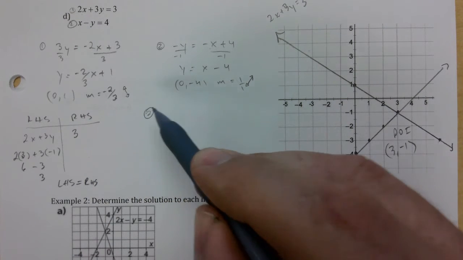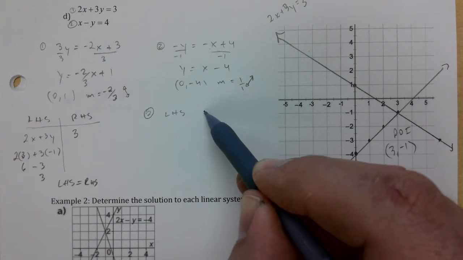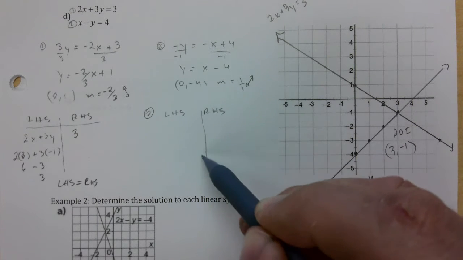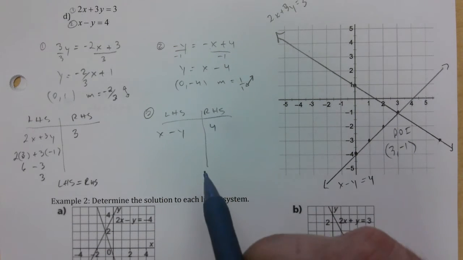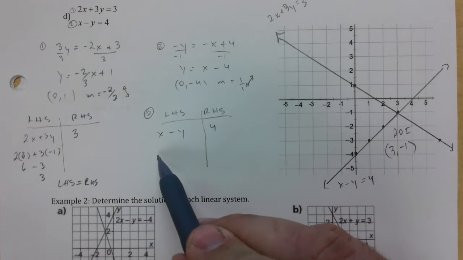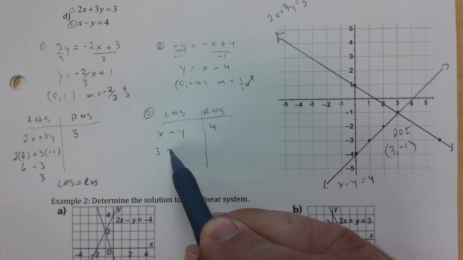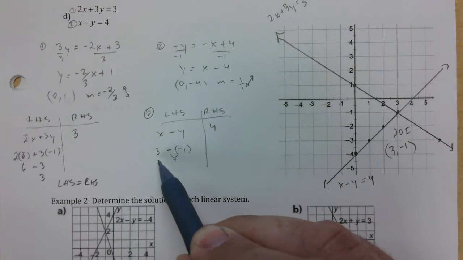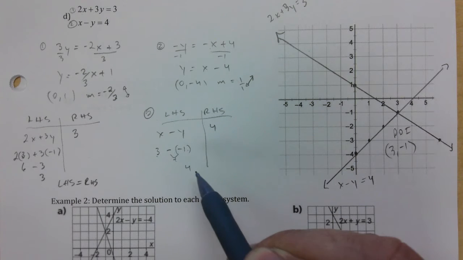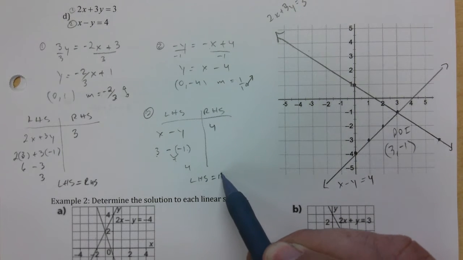And for the second equation, we have left-hand side, right-hand side. There probably will be a double negative there. It's x minus y on the left, and it's equal to 4 on the right. So that would be 3 minus negative 1. This turns to positive, right? So it's 3 plus 1, that's 4. Left-hand side is equal to right-hand side.